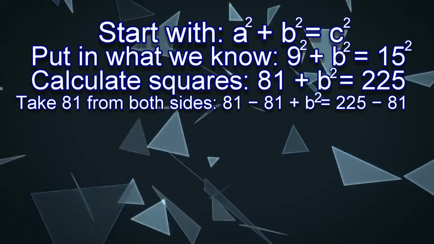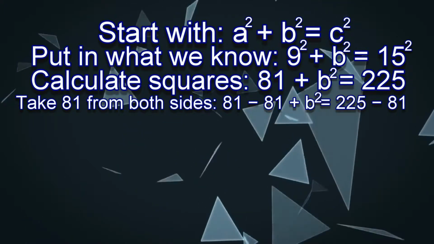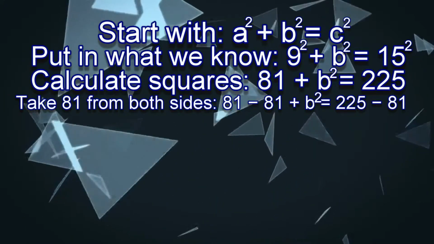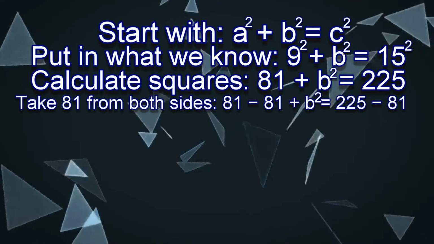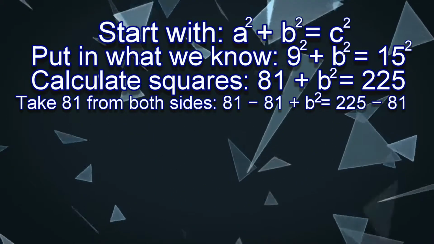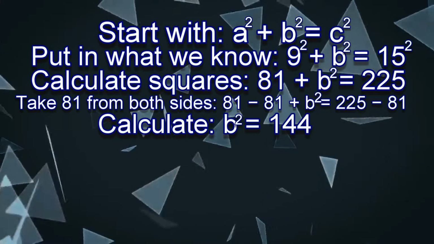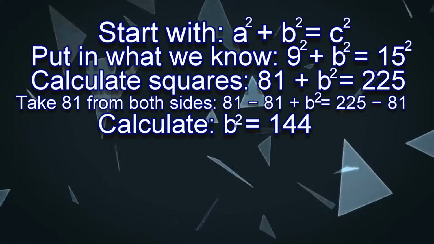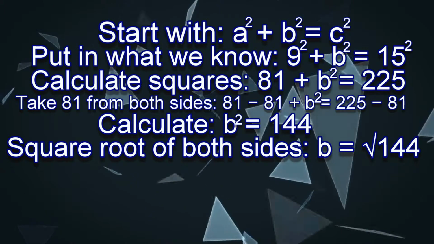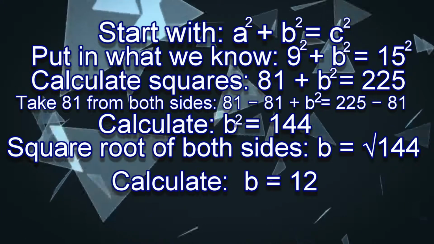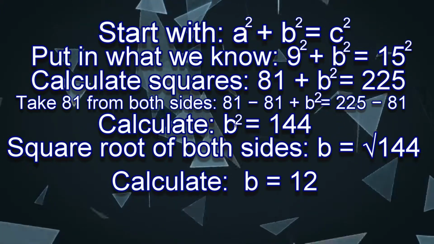Take 81 from both sides: 81 minus 81 plus b squared is equal to 225 minus 81. Calculate: b squared is equal to 144. Square root of both sides, b is equal to the square root of 144. Calculate: b is equal to 12.